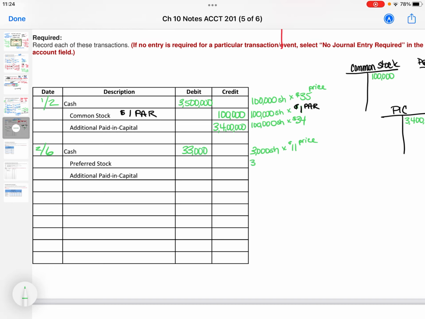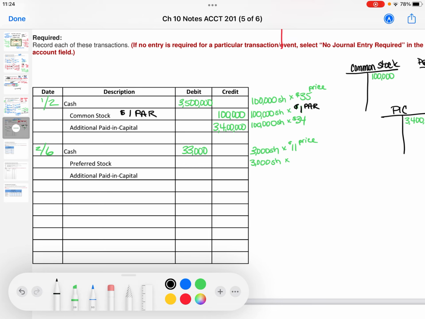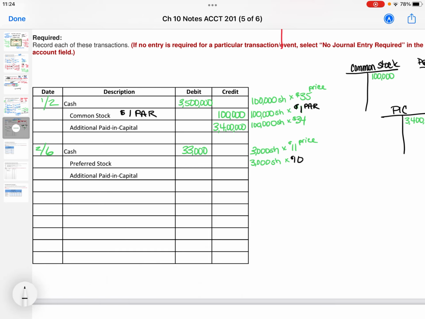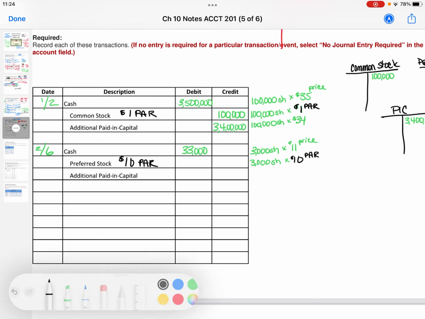Now those 3,000 shares times the par value, par is $10 for preferred stock. So it's $10 par. That is going to total $30,000 for my credit to preferred stock.